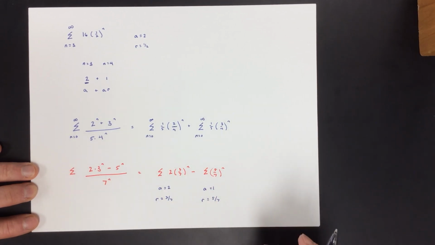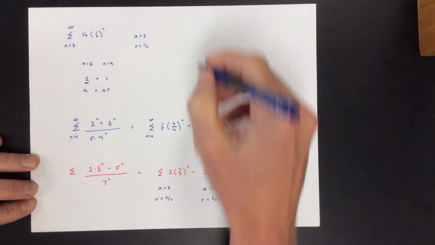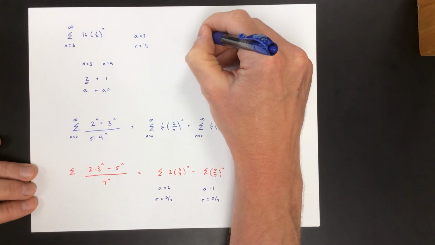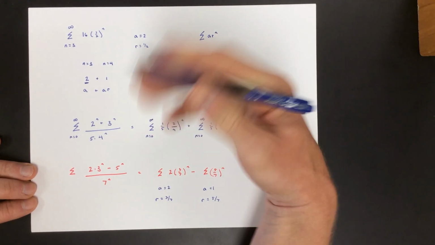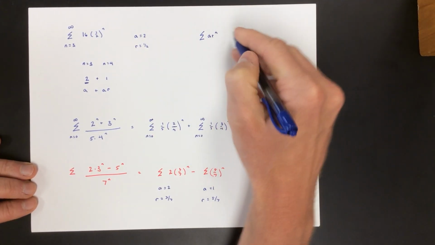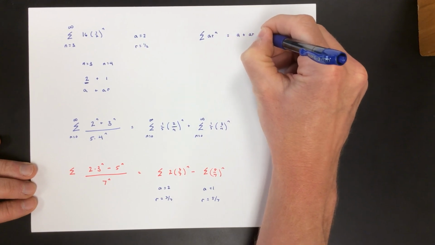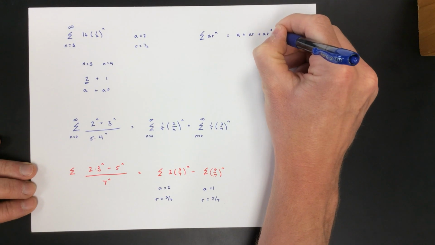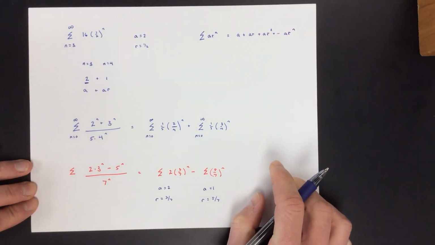Okay, so you can kind of think about how you do some of these adjustments, but again, a geometric series always has this exact form eventually. And we can start it at different n values, but it has this form because this equals a plus ar plus ar squared plus dot dot dot, and they call it the general term ar to the n.